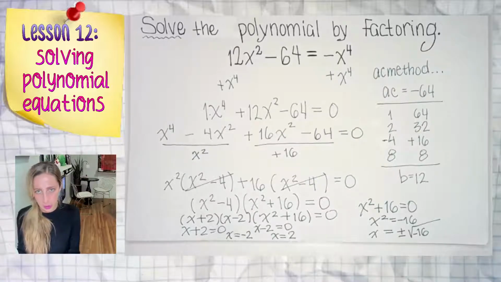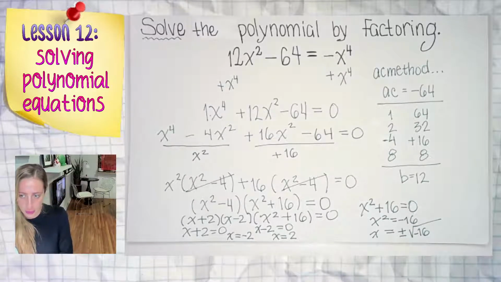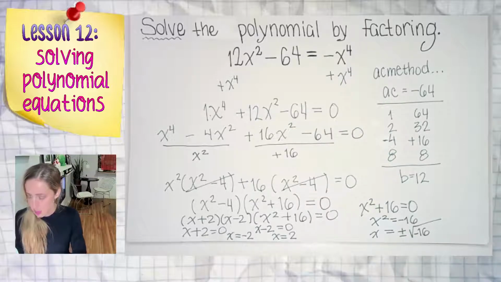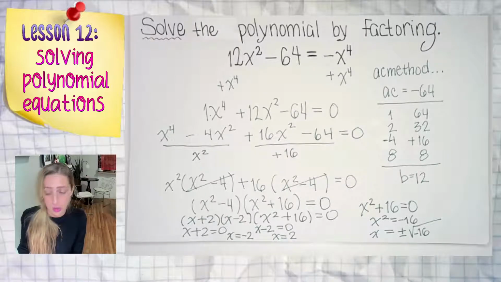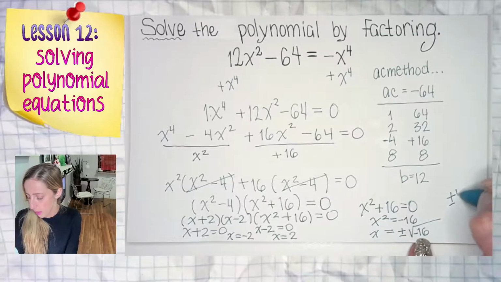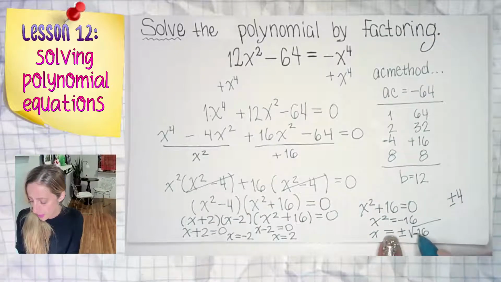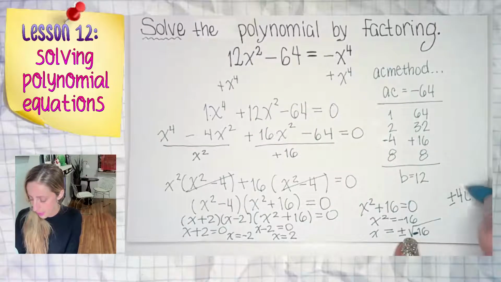Some of you, depending where you are in your curriculum, might just stop and say, no real solution. If you are a little further in the curriculum, then you would take it a little further where not only do you know there's no real solution, but you would also include what those non-real or imaginary solutions are. So the square root of 16, well, that would normally be positive or negative 4. And since they're not real, because no real number times itself is negative, that makes them imaginary.